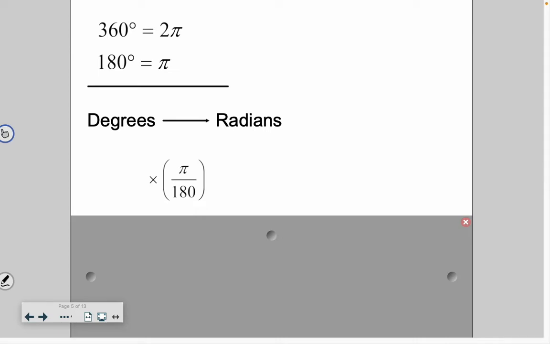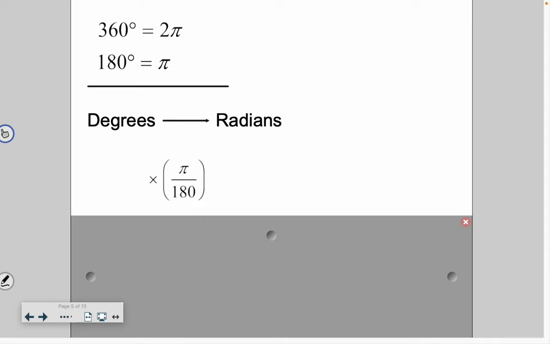Most often, by the way, just a quick heads up, and you may want to make a note of this: you know that a problem is given in radians if you see one of two things. Number one, when you see pi, that usually means the answer is in radians. 2 pi over 3, 5 pi over 4, that kind of stuff.